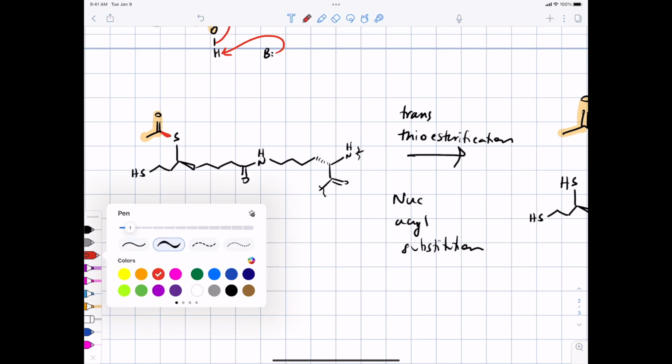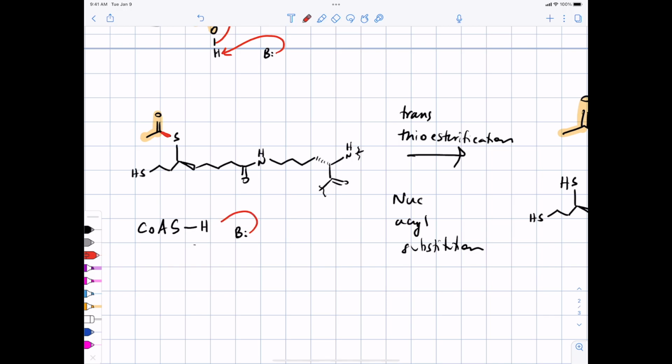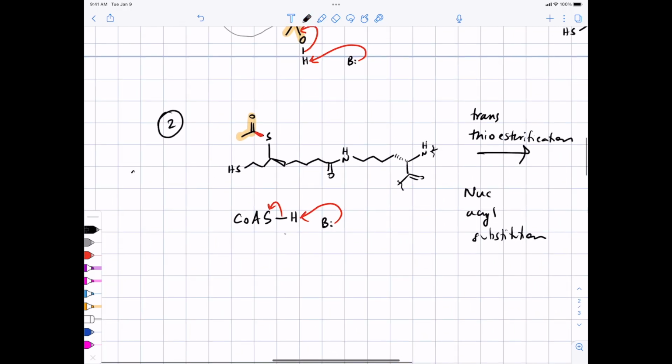It's not that hard. A base would remove a proton to give you the coenzyme A thiolate, and then that would attack the carbonyl carbon. You'd get a tetrahedral intermediate, and you'd kick off the other sulfur.